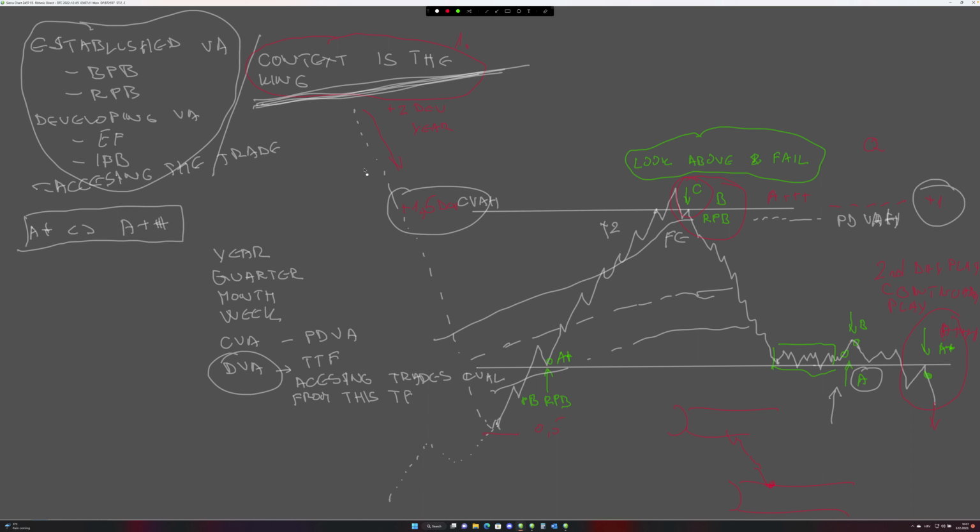On the monthly or weekly you may already be inside the value area, so you can have directional confluence.